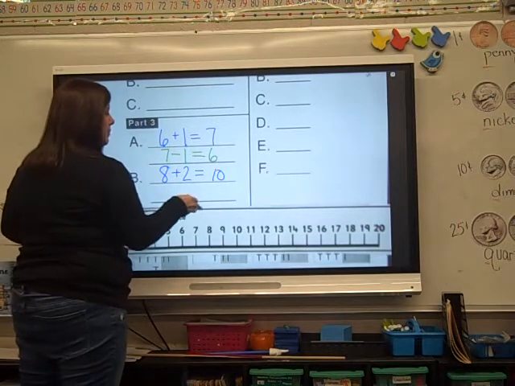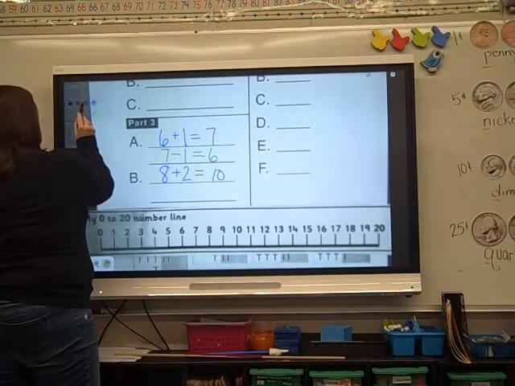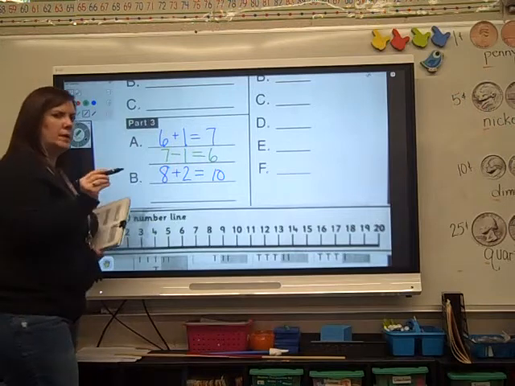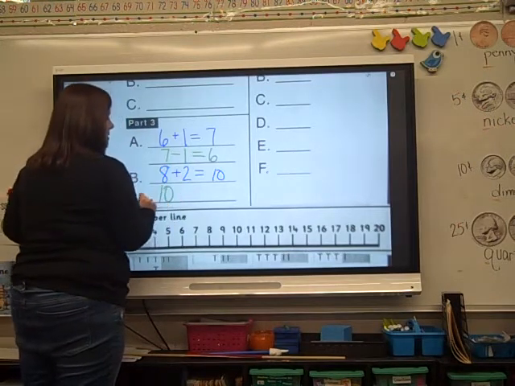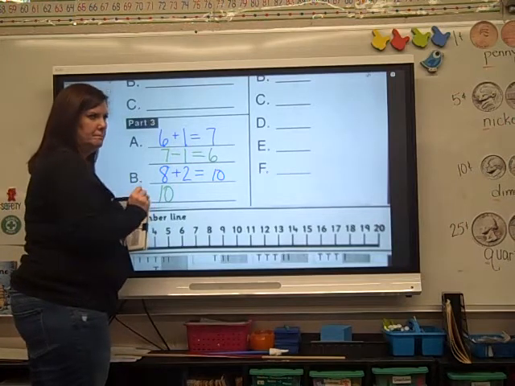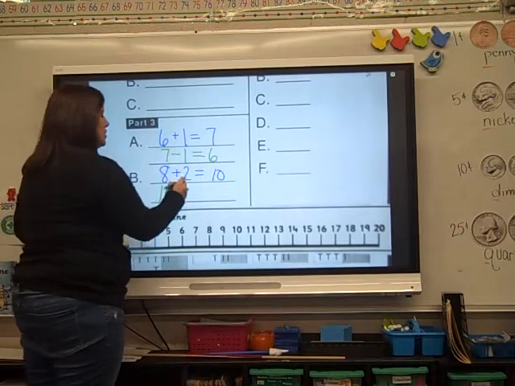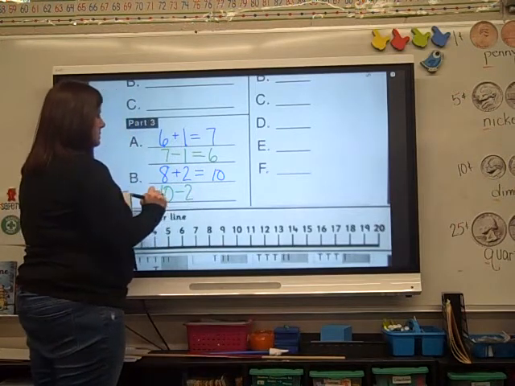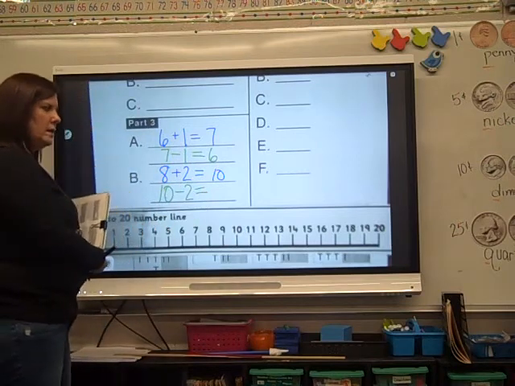He ends up on what number? All right, I'm going to read it one more time. Ready? A bug starts at 10 on a number line. He minuses 2 places. He ends up on what number?